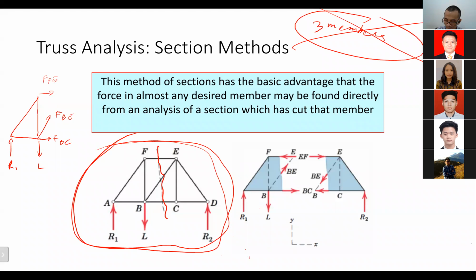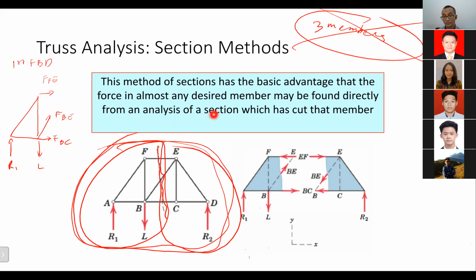Basically, the first free-body diagram is the left cut. From the right cut, I can draw the second free-body diagram.